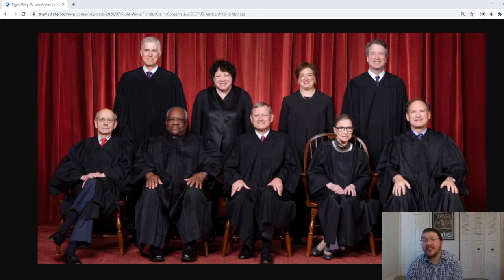Now, a plurality ruling is actually possible where there's not a majority of the court votes on one side or the other, but they have the most votes, and this can be achieved via abstentions.